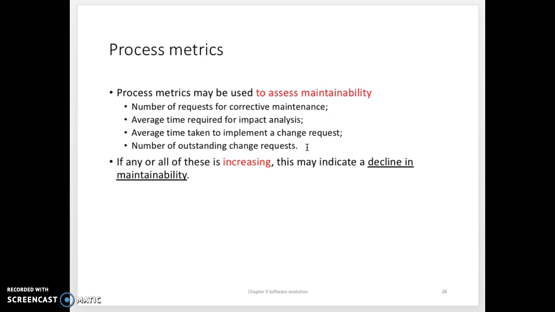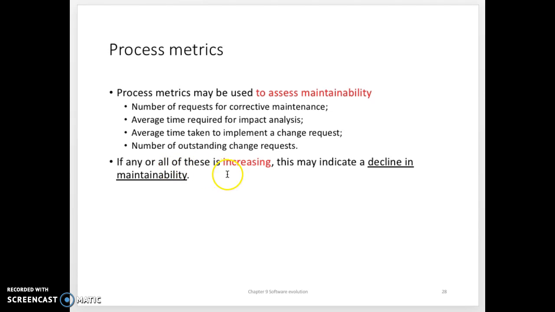I think you may have noticed that all these values are available or can be calculated based on previous maintenance phases. It means we need to do the maintenance at least once in order to answer the factors here.